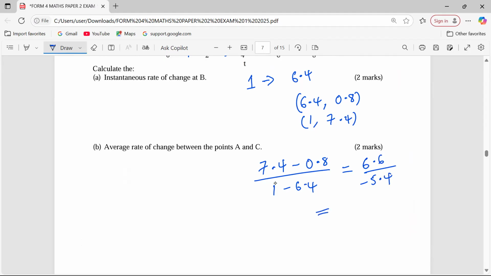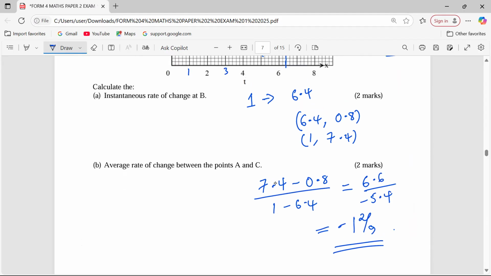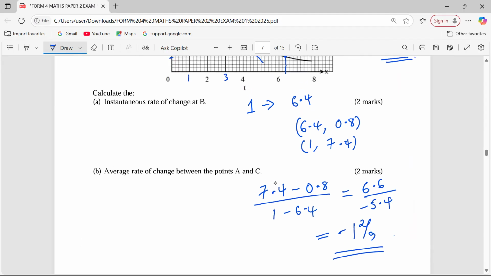Therefore, 6.6 divided by that value shall be negative 1 and 2 over 9. In other words, we have found the gradient for A and C. So we have T changing from 6.4 all the way to 1 as H changes from 0.8 all the way to 7.4. So one is increasing as the other one decreases.